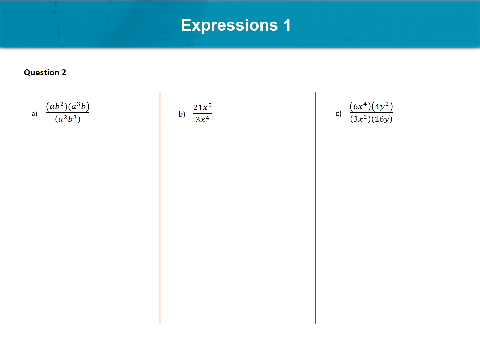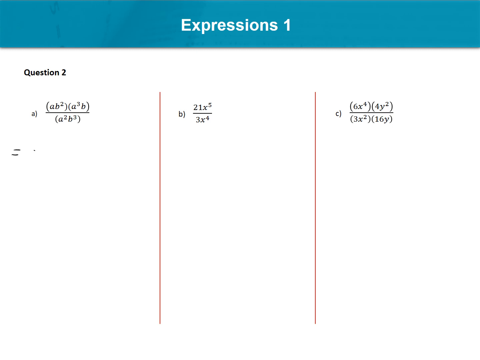So let's have a look at question 2a. We have a b squared times a cubed b over a squared b cubed. So what happens if we multiply factors? We add the exponents.